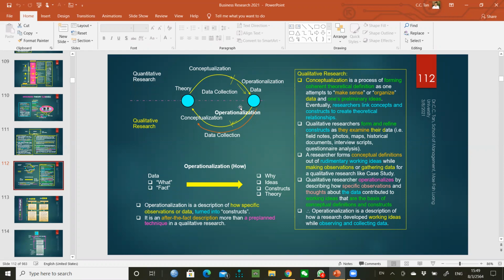Either way, if you feel that you have a strong understanding and knowledge background, you can start with the theory and move deductively towards the data. The process would involve you to first understand the theory, the theoretical concepts, the framework that you think is better suited to explain the empirical world, which is the data.